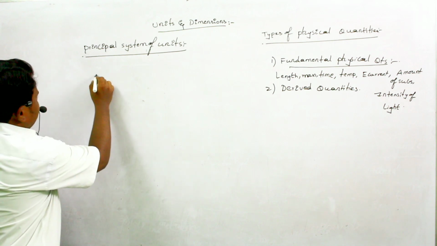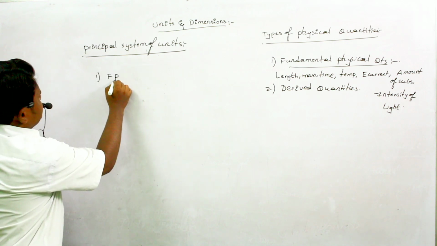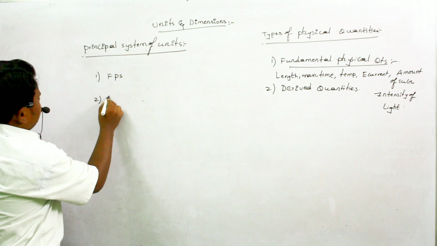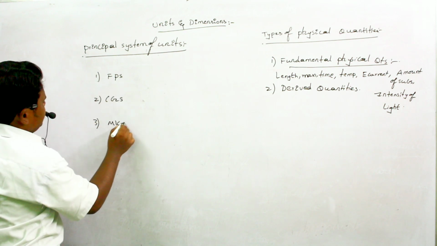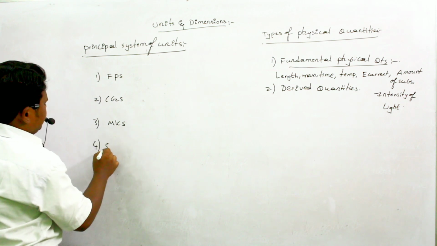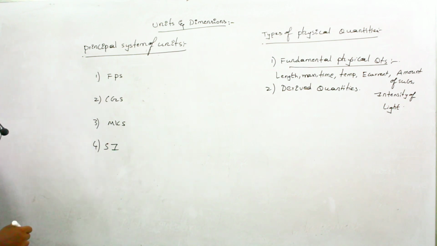The first one is the FPS system, the second one is the CGS system, the third one is the MKS system, and the fourth one is the SI system.